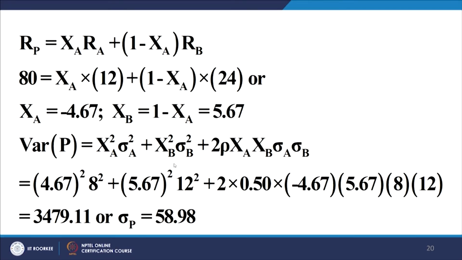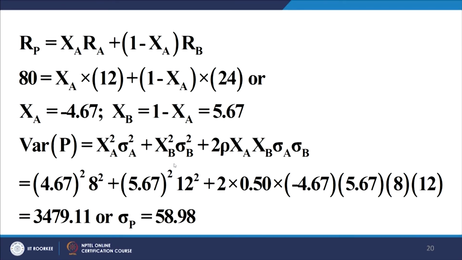Well, what are we given? We are given sigma A, R A or sigma 1, R 1, we are given sigma 2, R 2, and we are given rho 1 2 or rho A B as the case may be, and we are also given the expected return on the target portfolio, that is given as 80%.